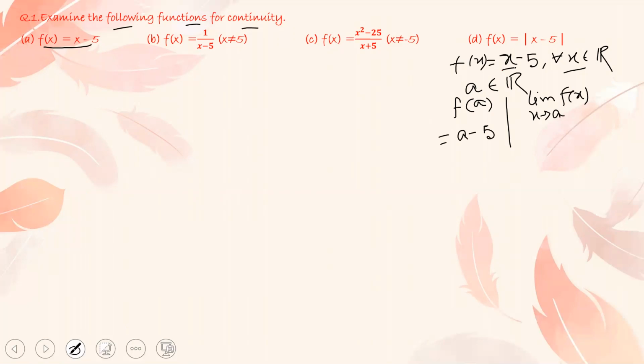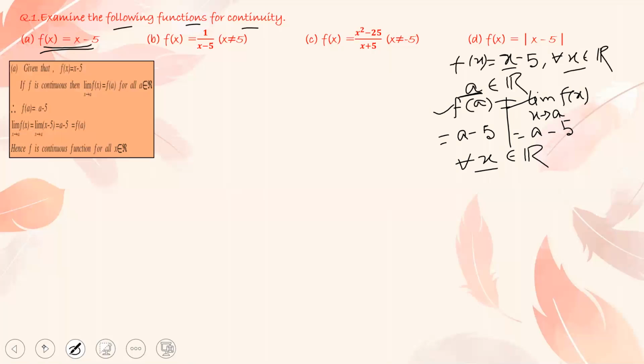Since it is defined everywhere, no break is there. So the limit of the function is a minus 5. So I can say this limiting value and the functional value both are equal. So the function is continuous for all x belongs to the set of real numbers, since for any arbitrary a the function is continuous.